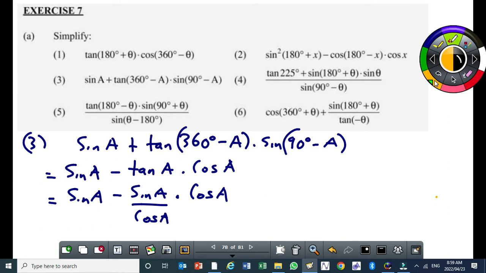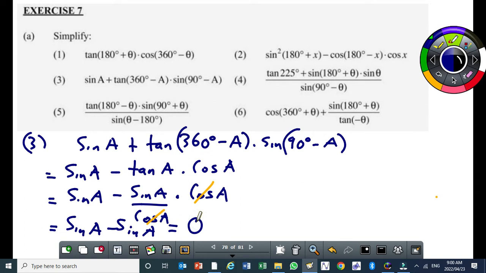Then, because of multiplication, this cos A and that cos A can cancel out. So you will be left with sine A minus sine A, and the answer will be 0. Right?